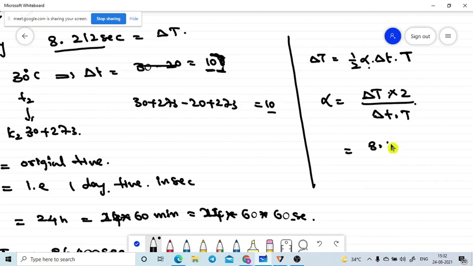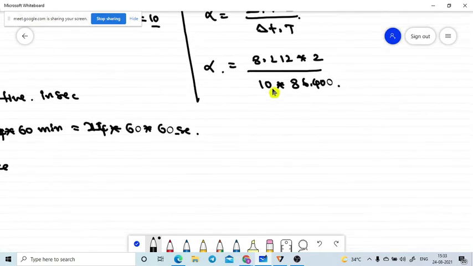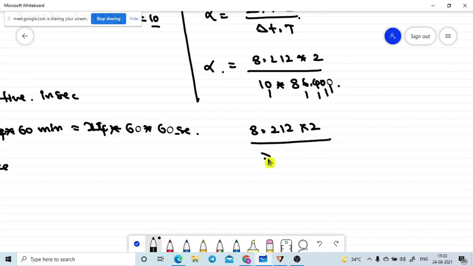8.212 seconds is given, 2 divided by the temperature change, which is 10, and 86,400 is given. Just do the multiplication and you will get the answer. Better to send the powers: 1 2 3 4 5, so 5 powers, that is 8.64 into 10 to the power of 5.